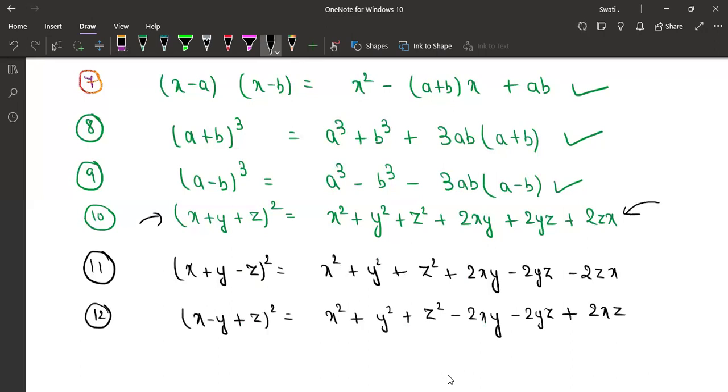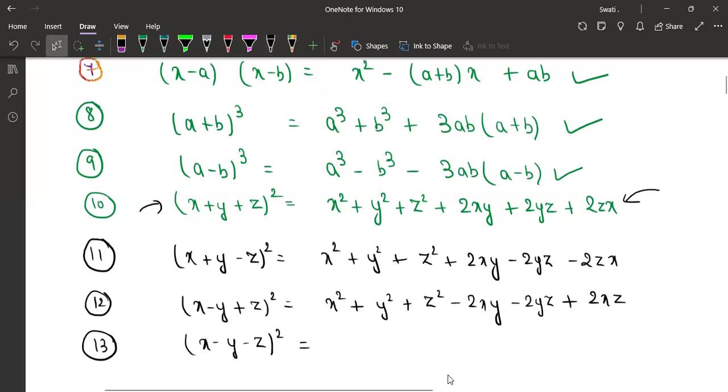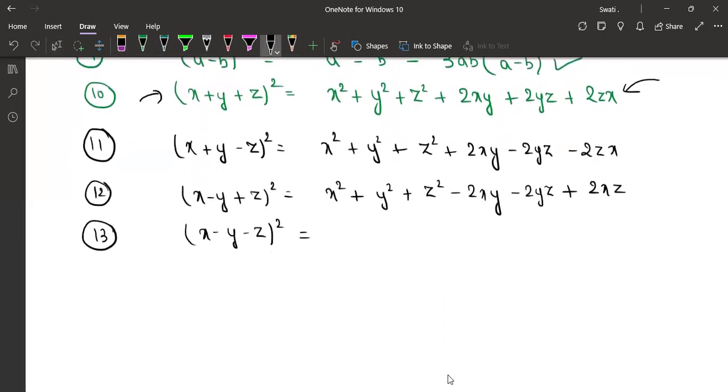Now let's take the fourth case where I'm going to take everything negative. So it's x minus y minus z whole square. So what this will become, x square as it is, plus minus y square will become y square only, plus minus z square also becomes z square. And then plus 2 into x into y, but because we have minus sign over there, so it's minus 2xy.